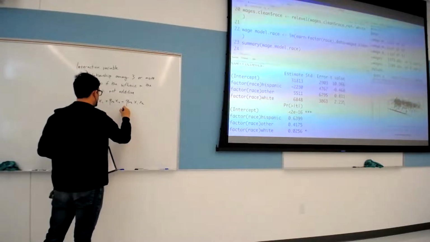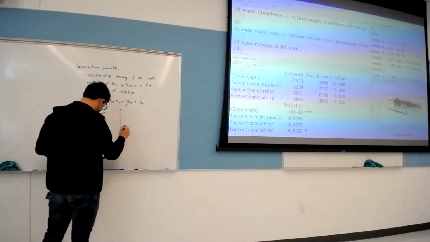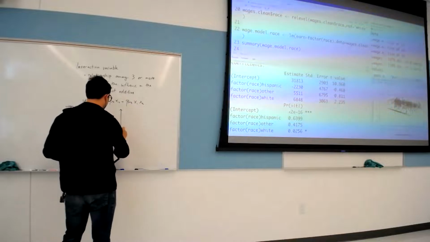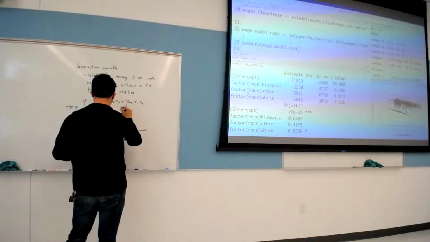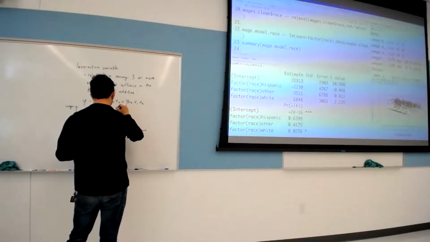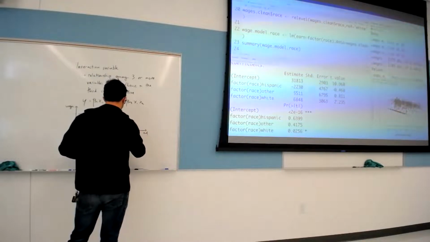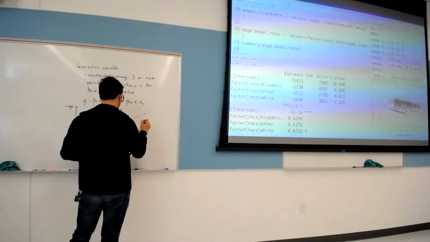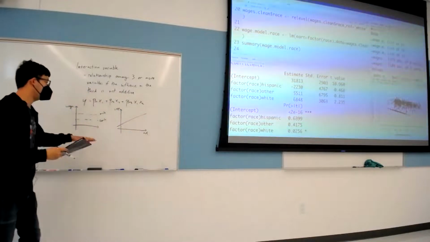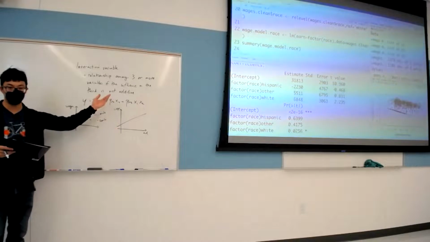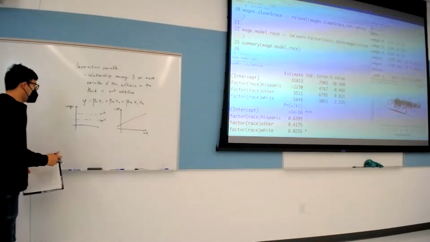You can run your regression separately on, let's say, education, and you'll find some kind of line that looks like this. So as your education increases, the more money that you make.